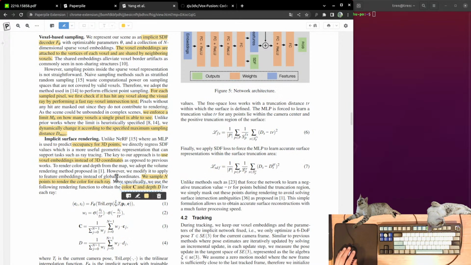I wonder how they're sampling those points along the ray, because that's usually where there's a lot of tricky custom stuff in different NeRF works.